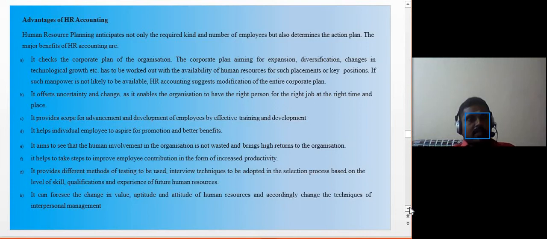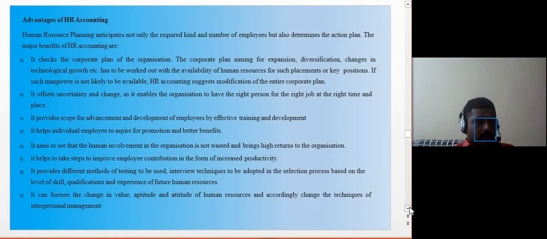The major benefits of human resource accounting are: it checks the corporate plan of the organization, the corporate plan aiming for expansion, diversification, changes in technological growth, etc. Whether it can be worked out with the availability of human resources for such placements are key questions. If such manpower is not likely to be available, human resource accounting suggests modification of the entire corporate plan.